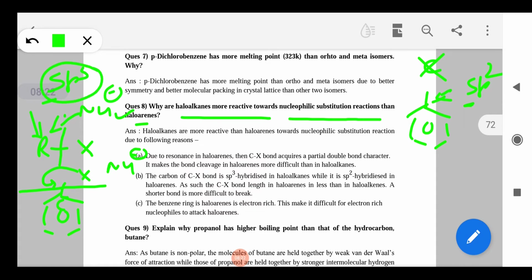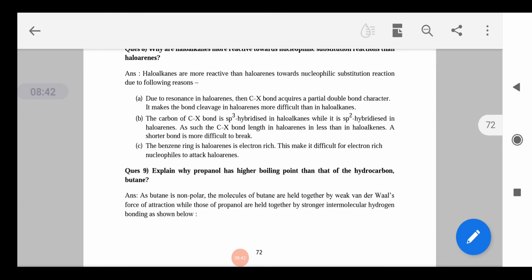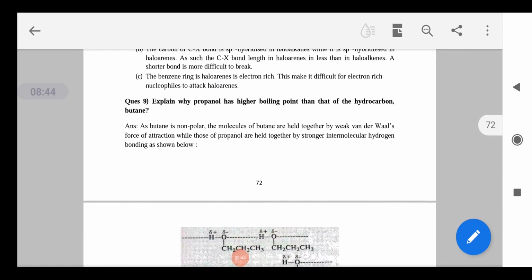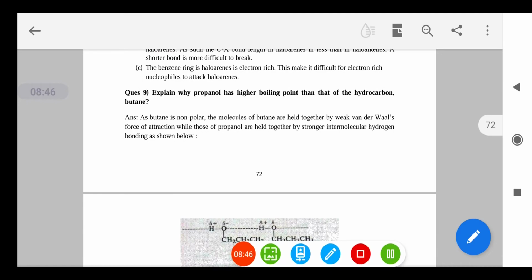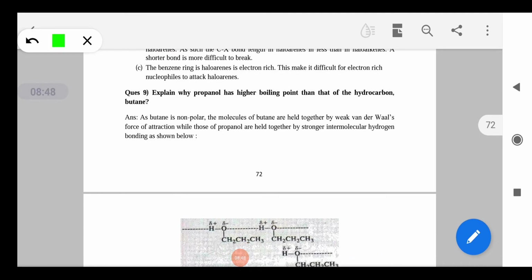So if s character is more, then electronegativity of carbon is more, so it withdraws the carbon halogen electron pair strongly, so bond length decreases, so bond becomes strong and it becomes difficult to break, and again we say the attack of nucleophiles becomes difficult. That is why aryl halides are less reactive toward nucleophilic substitution reaction.